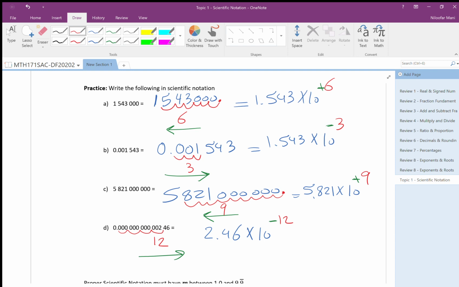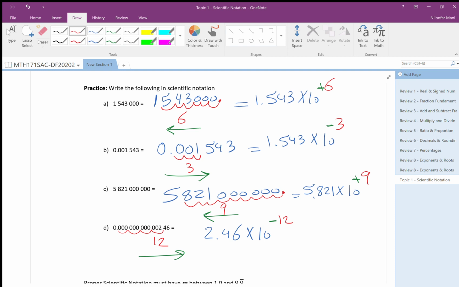No, don't round it. So no decimal, put it at the end. Don't add any digit. Yes decimal, don't touch it. Don't round, please. Then you move the decimal in such a way that your number becomes 1 point something to 9 point something.